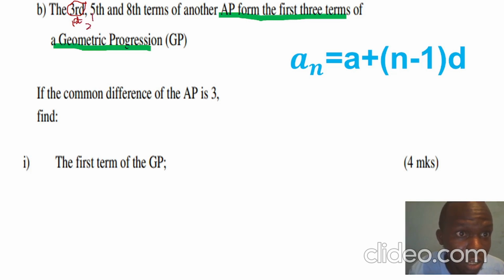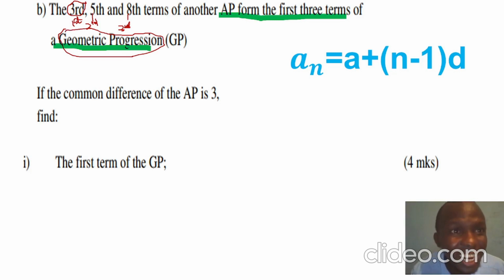This is the second geometric term, and this is the third. This is the first, second, third. Why? Because they form the first three terms of the geometric progression. Okay, so we have two progressions, arithmetic and geometric.